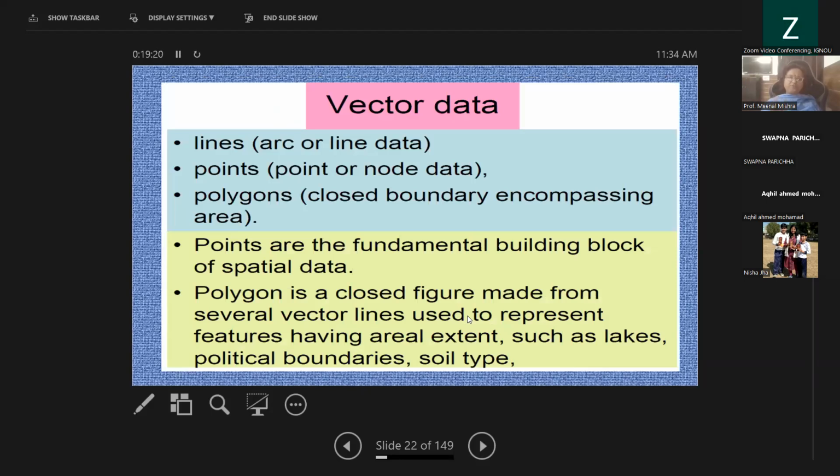When you talk of vector data, it is represented in the form of lines, points, and polygons. I will show you as we are discuss.